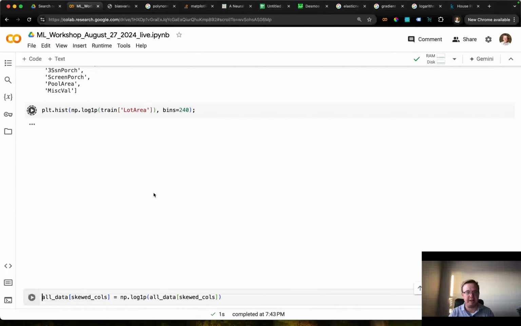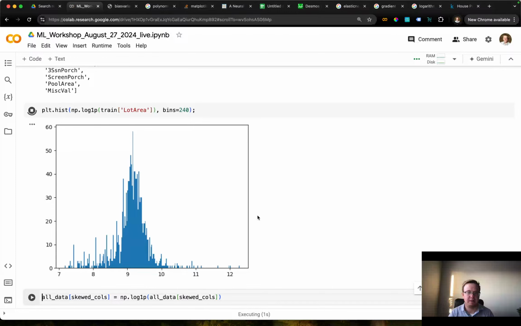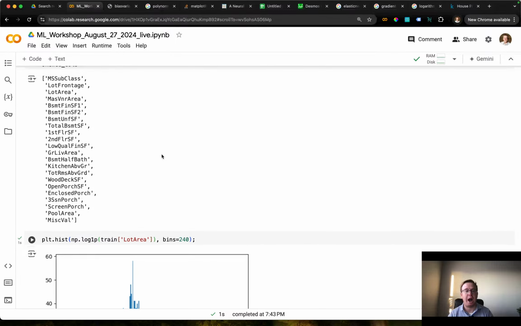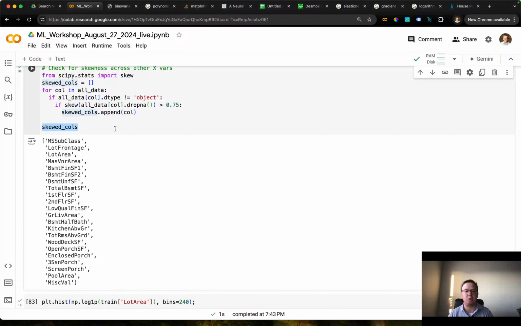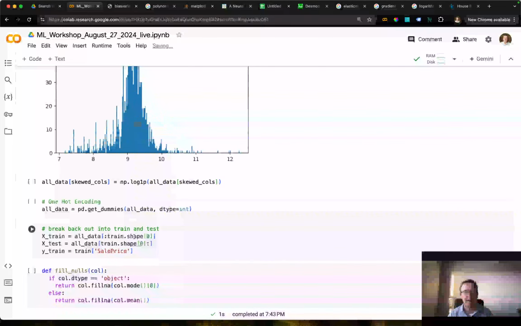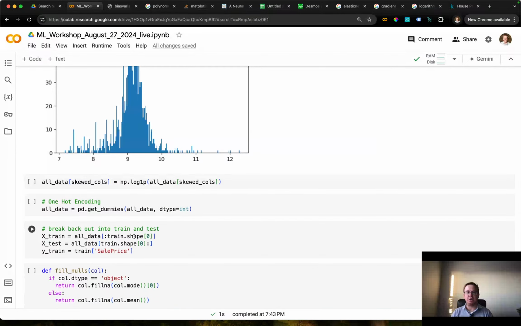If I take the log of it, then it normalizes. Okay, this is going to help our model fit much better. So I'm going to log transform all of these that I just saved in skew columns by calculating their skew, and if it was above a threshold, threw them in here. And that's the last thing we're going to do to this data set.